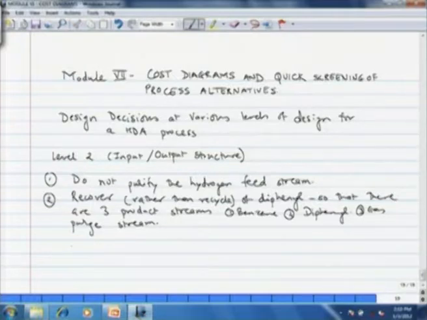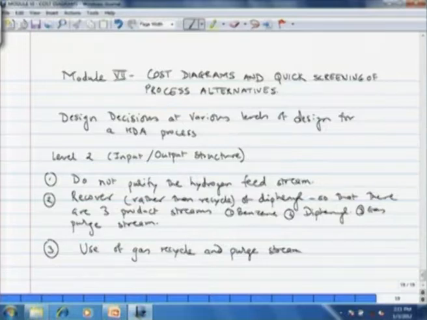And the third decision was whether to use a gas recycle and purge stream. We saw that a gas recycle and purge stream is essential in case impurities or byproducts are generated in the process. If these are continuously recycled, then they build up in the process and finally they overtake the process.